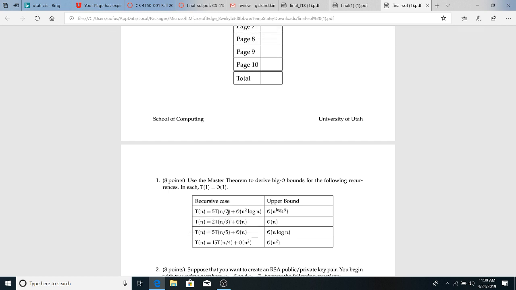Yeah, this is probably 2.3. Log base 2 of 5 is probably about 2.3. So 2.3 will always be greater than 2.0001, right? So the complexity is n to the log base 2 of 5. That one could be a little tricky if you're not comfortable with this log term in the d coefficient. So make sure you're comfortable with that one.